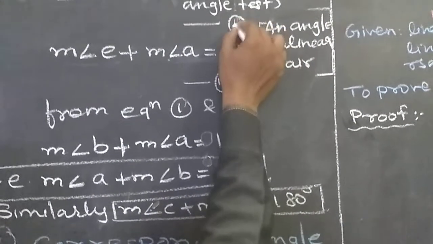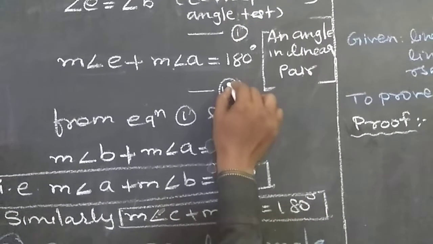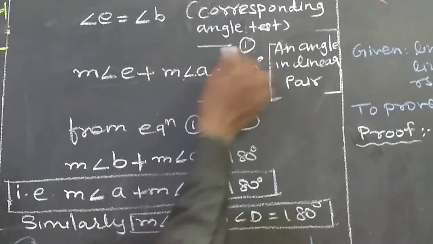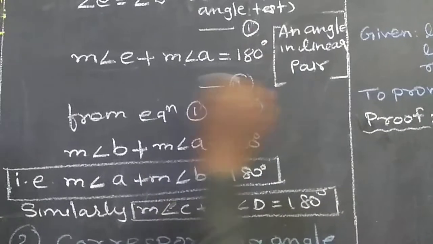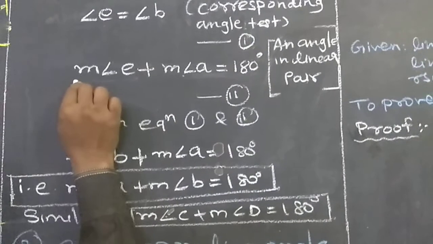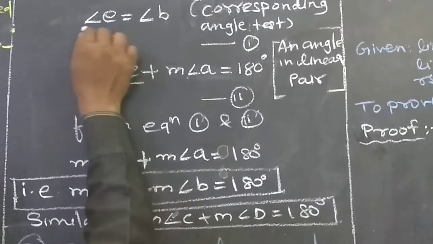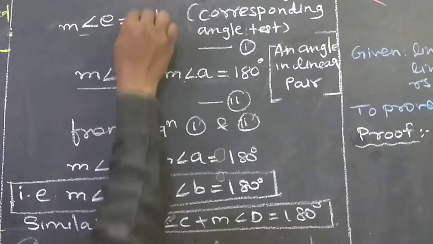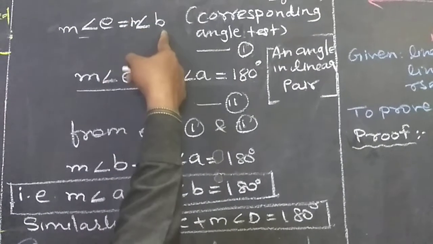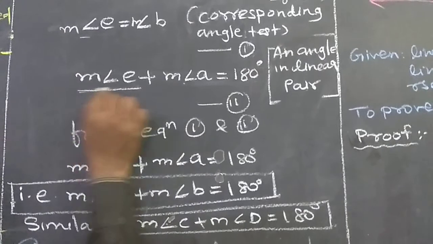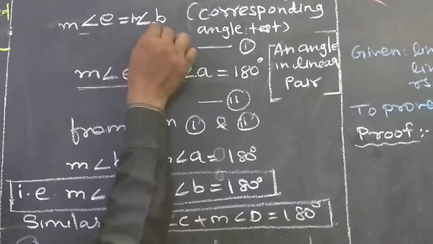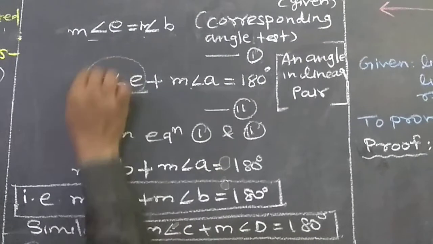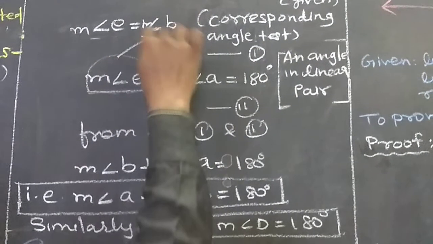Now I am giving equation 1 to this and equation 2 to this. But my dear students, if I compare equation 1 and 2, what will I come to know? The value of measure angle E is equal to the measure angle B. आप देख सकते हो कि मेजर एंगल E किसके इक्वल है? मेजर एंगल B. तो मैं इस मेजर एंगल E की जगह पर मेजर एंगल B लिख सकता हूँ.